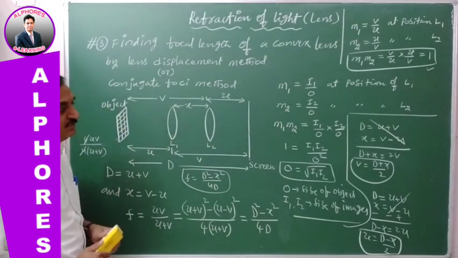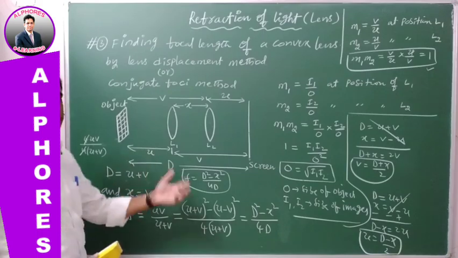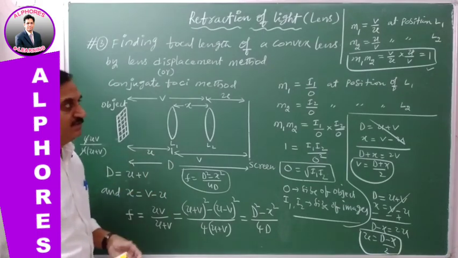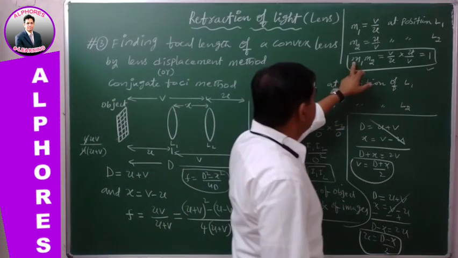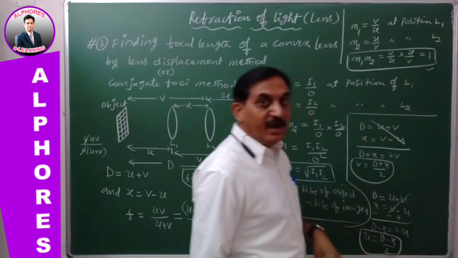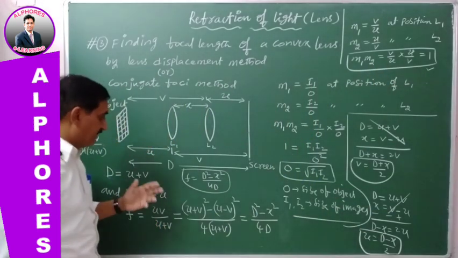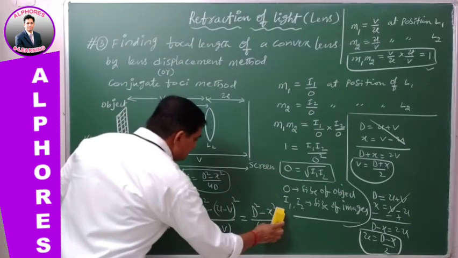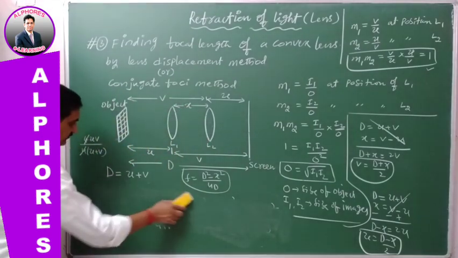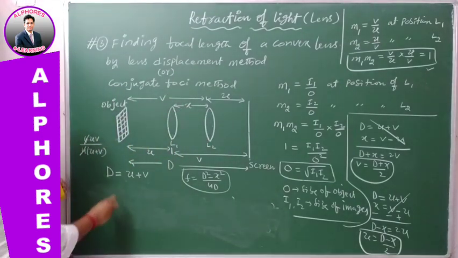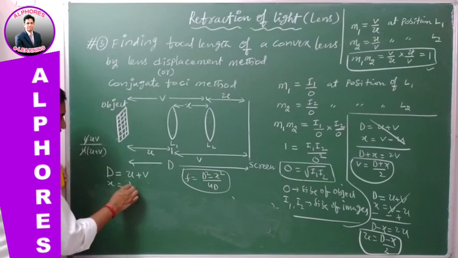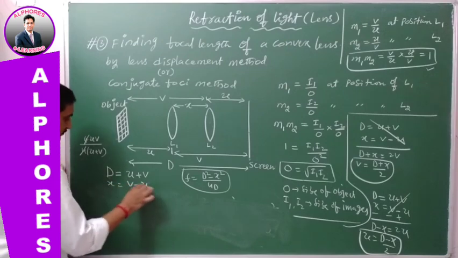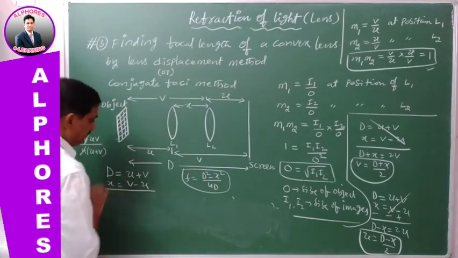Then we can also find one more relation. What is that? Here the product of magnifications gives 1, and the division of magnifications we can also find from it. Of course, X is equal to V minus U. Keep them aside.